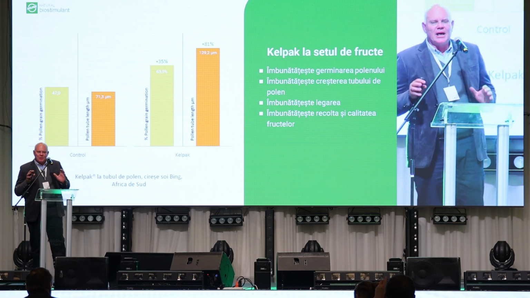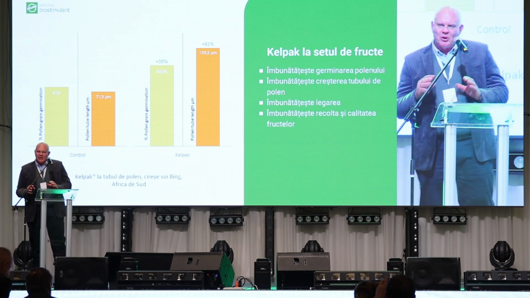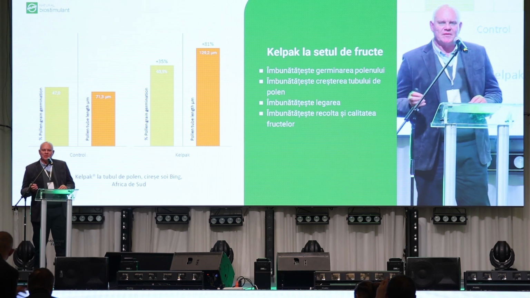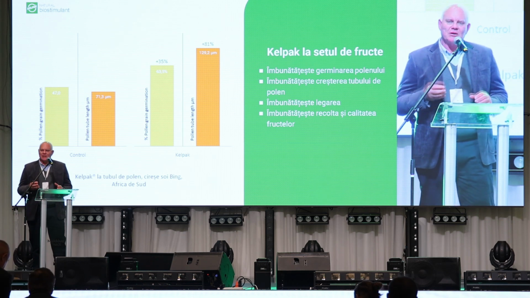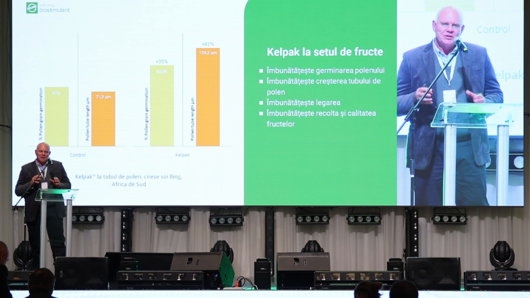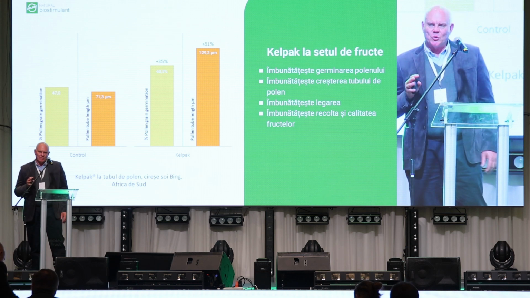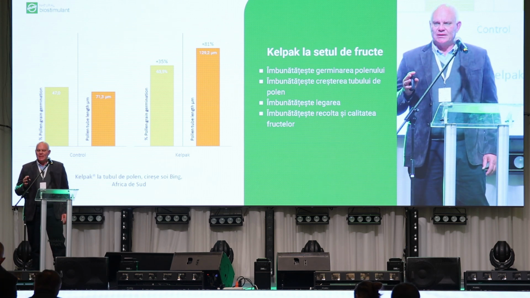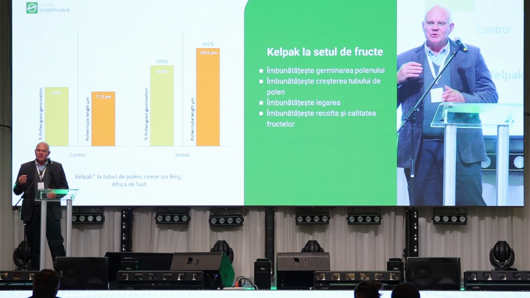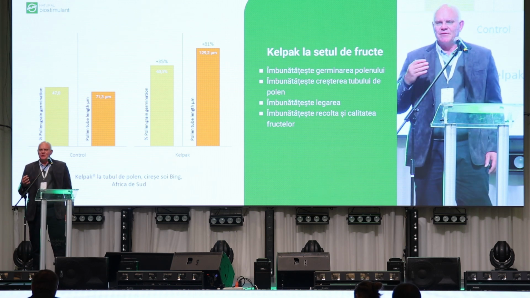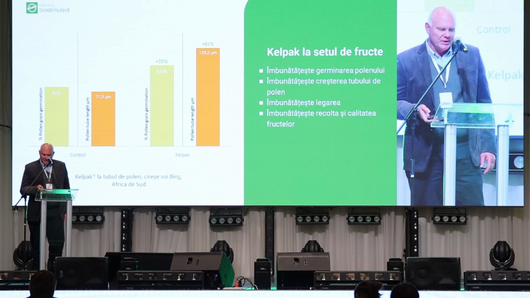And of course, when you get better pollen tube elongation, the chances of that pollen to reach the ovule and cause fertilization is better. So Kelpak plays quite an important role in fruit set. And in crops where you struggle to get fruit set, it's a very useful tool to improve that fruit set.